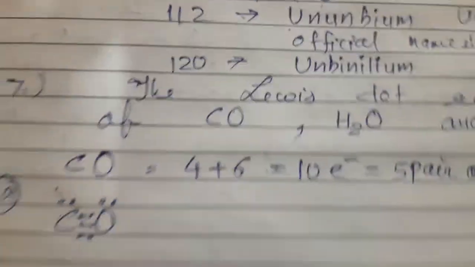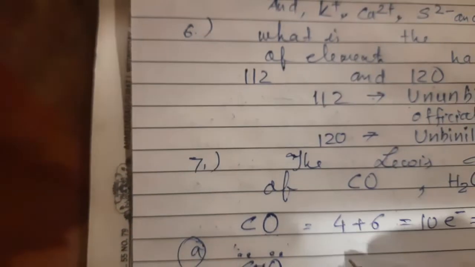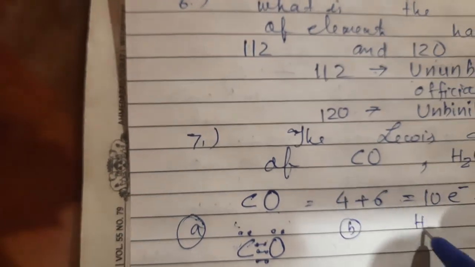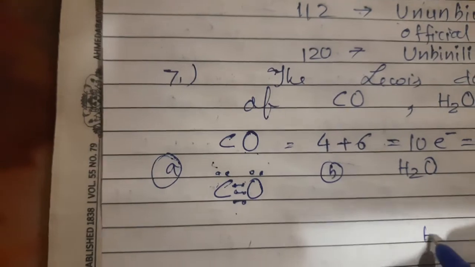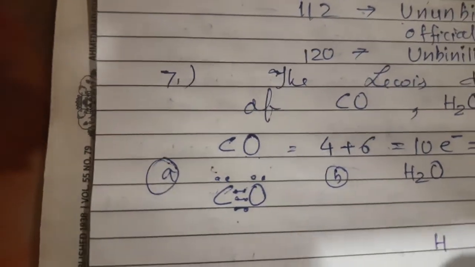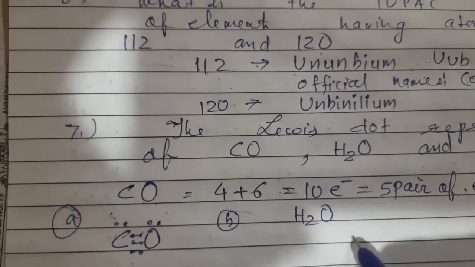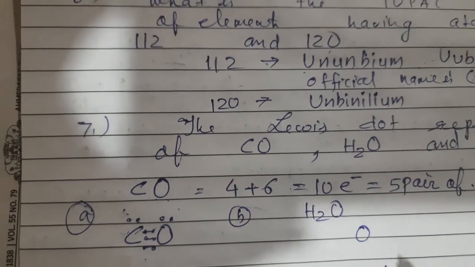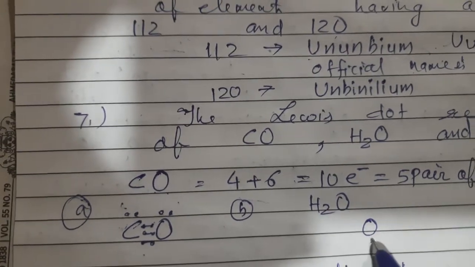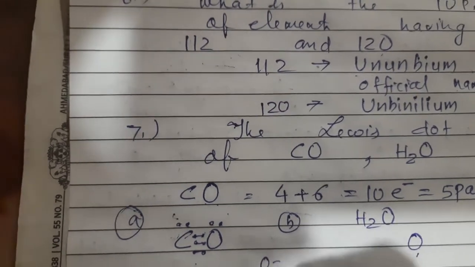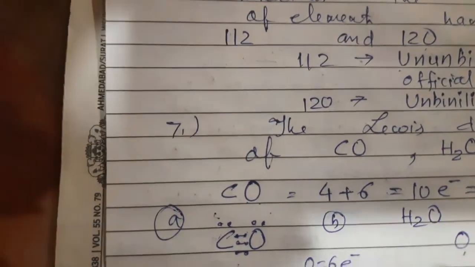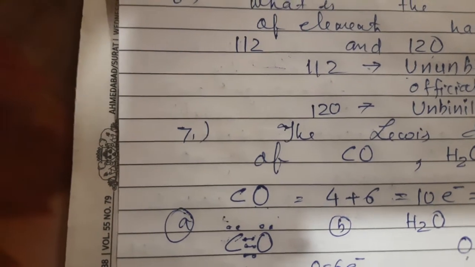So how to write H2O? Let me show you. I will write H and O here. How many electrons are there? Oxygen has 6 electrons, hydrogen 1 electron.